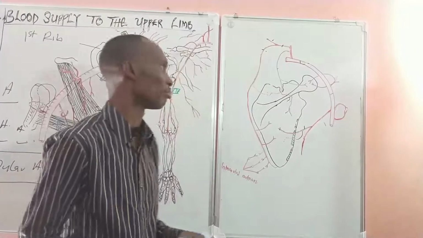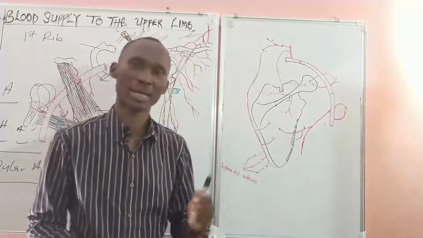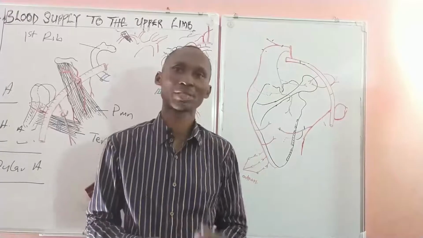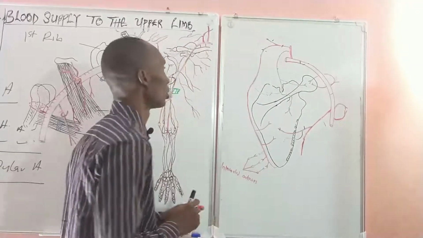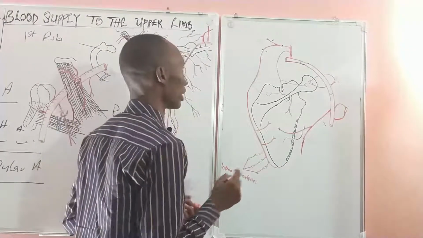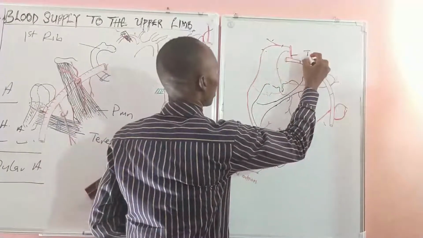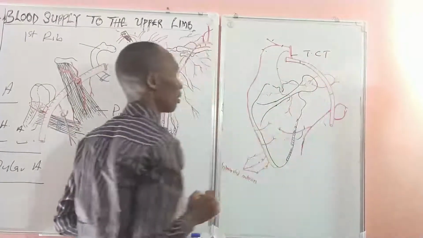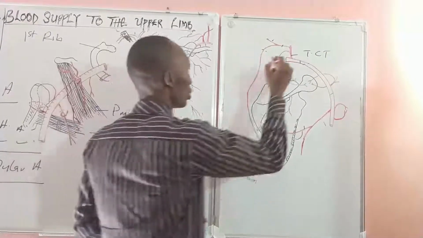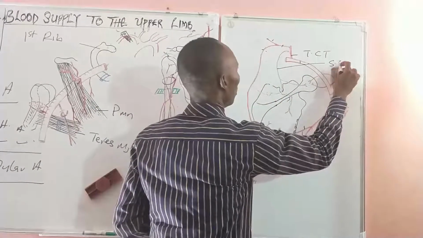The part of the branch of the subclavian artery involved in this anastomosis is the thyrocervical trunk. Thyrocervical trunk is one of the branches in the first part. Thyrocervical trunk will give rise to two branches that are involved in this supply. The first branch is the suprascapular artery.